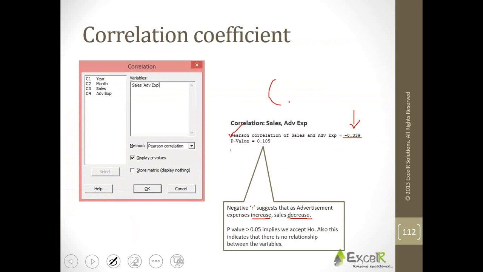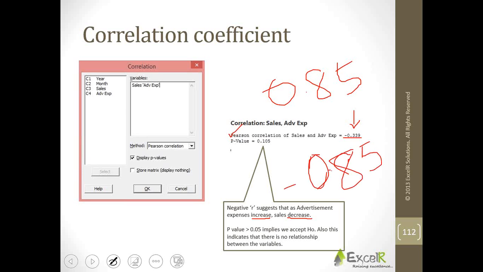But as a thumb rule, if this value is closer to plus or minus 0.85, then I can conclude that... Sometimes it happens, right? You spend on the wrong advertisement. The world is moving towards digital, but you might still invest in paper ads.